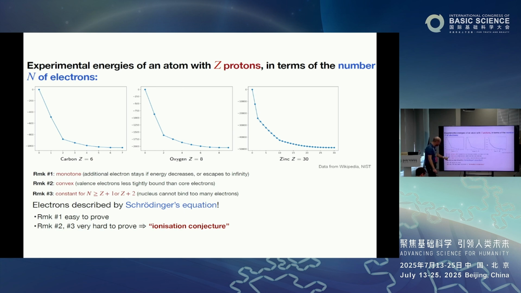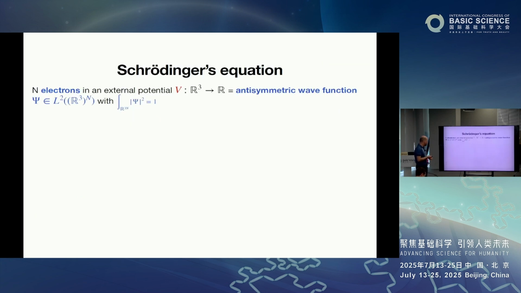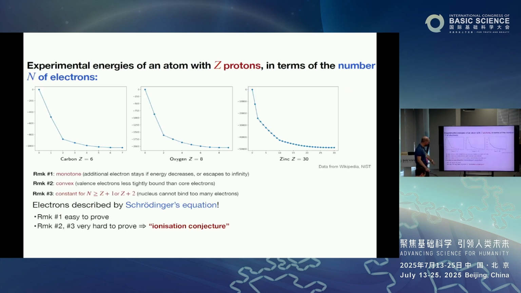But these two remarks, number 2 and number 3, are what we call the ionization conjecture. Because when you charge the atom negatively or positively, what you obtain is something which is ionized, positively or negatively charged. And so today I'm just focusing on the second remark, the convexity.